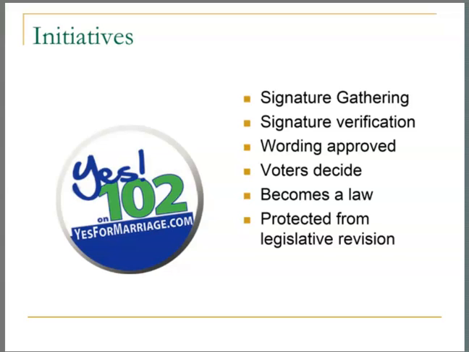The going rate is usually $1 to $2 per signature that they're able to get. This potentially causes problems, as the motive of the signature gatherer may not be the same as the Secretary of State. Their objective is to get as many signatures as possible so they can earn money. So that's one reason why the Secretary of State has to verify that those signatures are indeed valid signatures of people who are registered to vote in Arizona.